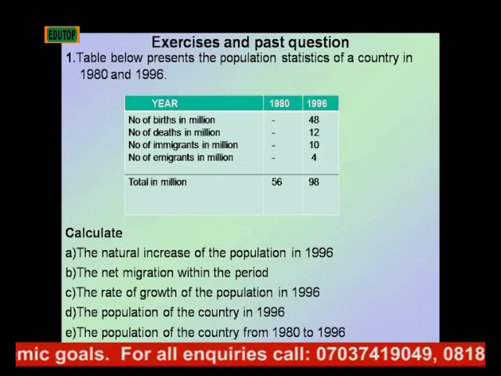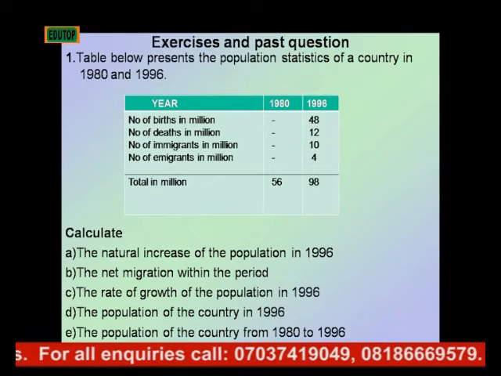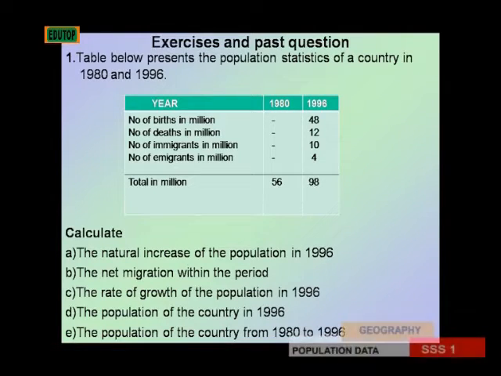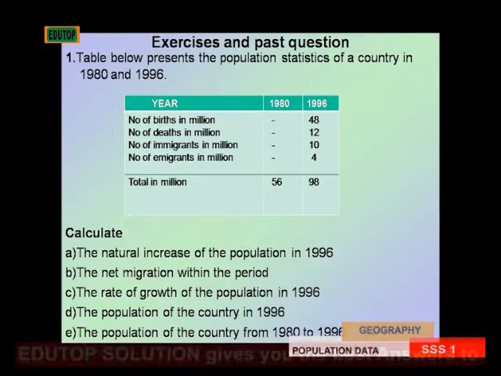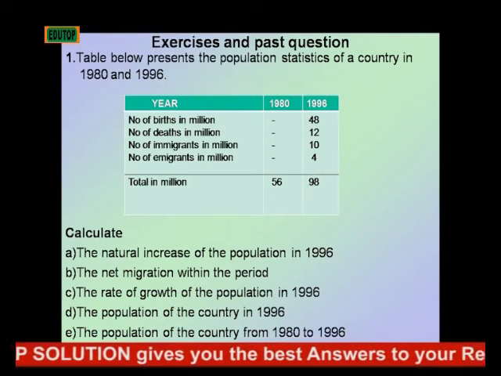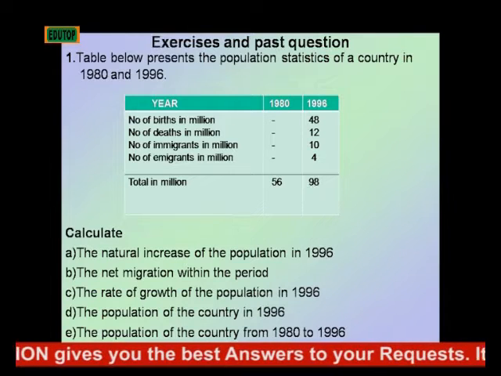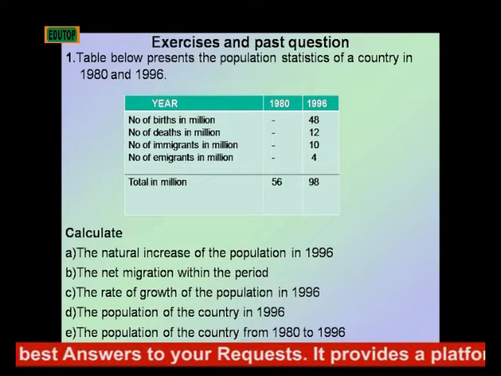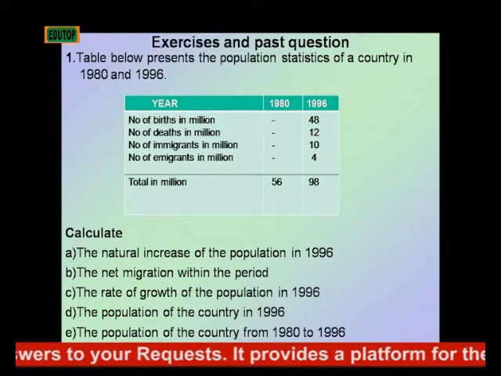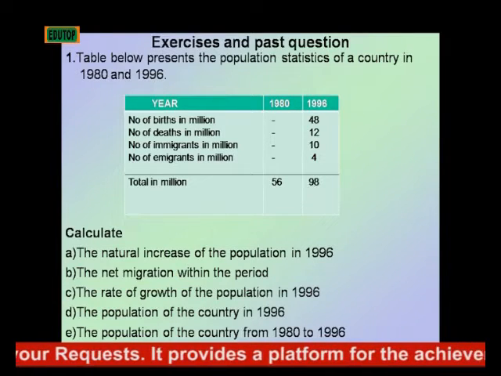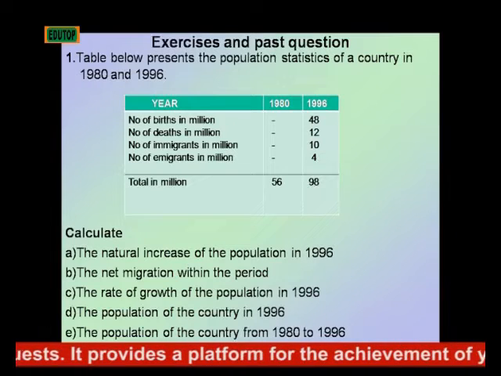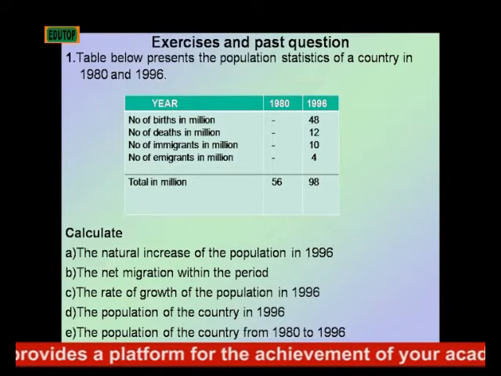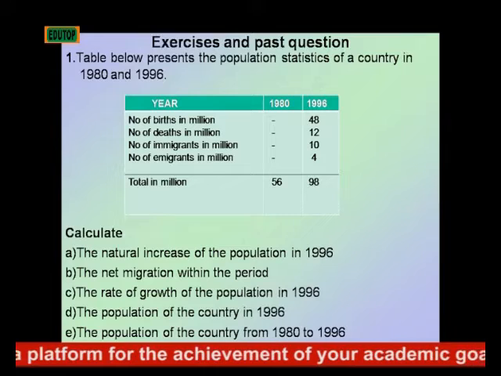In 1980, we only have a total of 56 million. In 1996, we have number of births to be 48 million, number of deaths 12 million, number of immigrants 10 million, number of emigrants 4 million, and the total is 98 million.